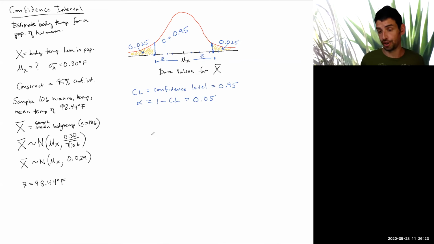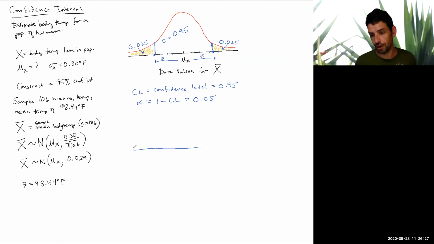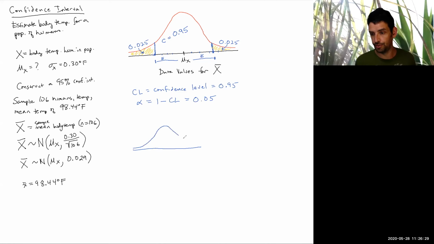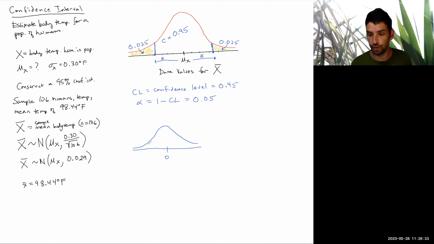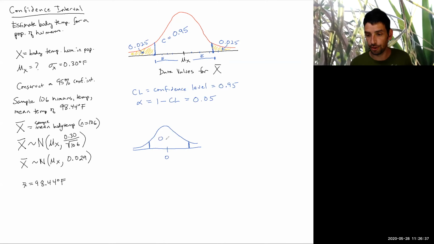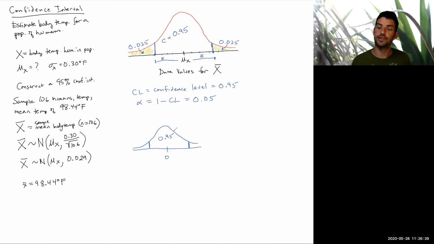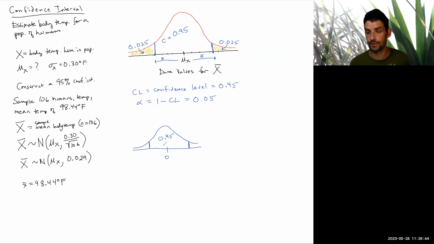So here's what we're going to do. We're going to go to our standard normal distribution, the one with a mean of 0 and a standard deviation of 1. And we're going to find two z-scores that have 95% of the data between them.